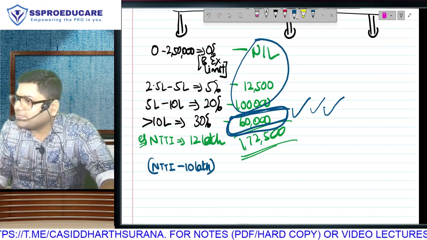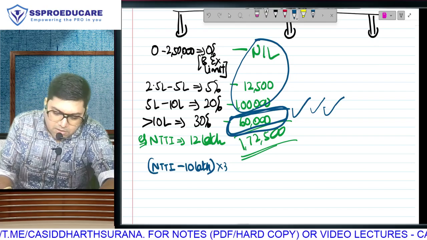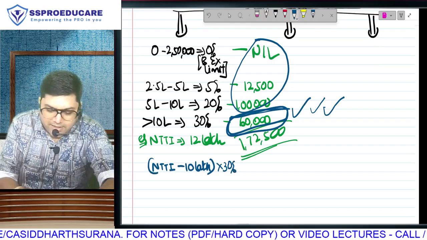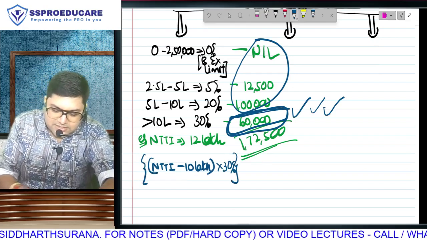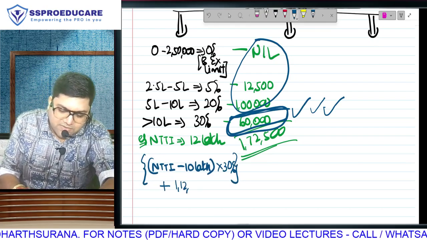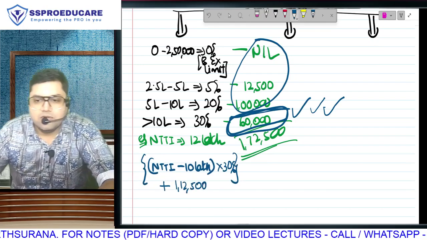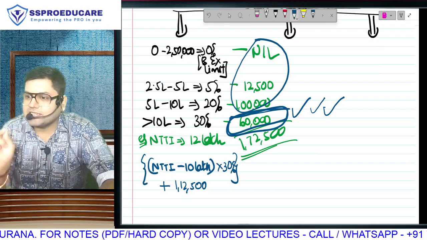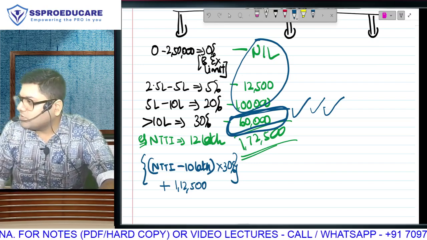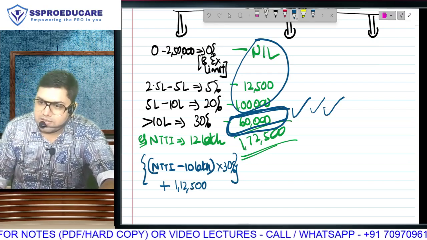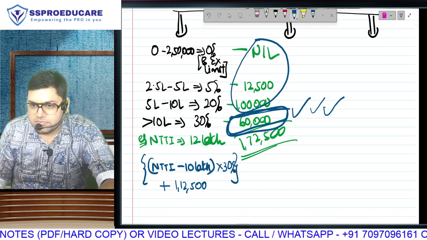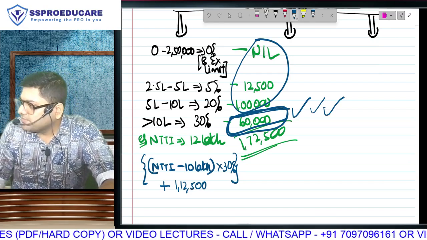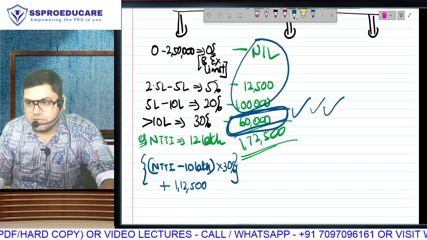That excess is taxable at what rate? 30%. And after taking that tax, simply add the fixed amount of tax, 1,12,500. Fixed amount of tax till income level of 10 lakh, 1,12,500, and the balance will go at 30%. This is how you will solve.